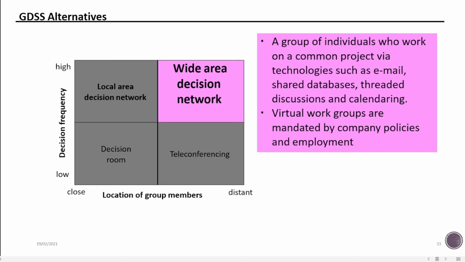So let's say, for example, a multinational company with teams across continents will collaborate on a project using yung mga cloud-based tools through the use of video conferencing, internet, and whatever wide area decision network that they're going to employ. So those are the examples or alternatives of GDSS.